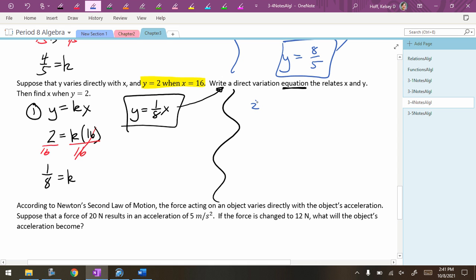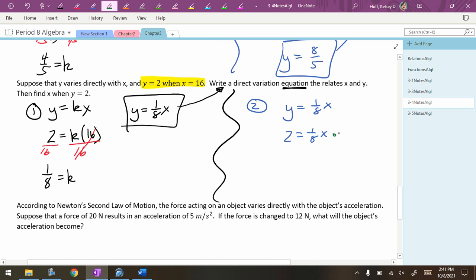Part 2, take the equation you just wrote, y equals 1/8 x. It says find x when y equals 2. What do I do on this one? 2 equals 1/8 x. We got to replace y with 2 this time. Now it's like having an equation in chapter 2, right? How do I solve for x?